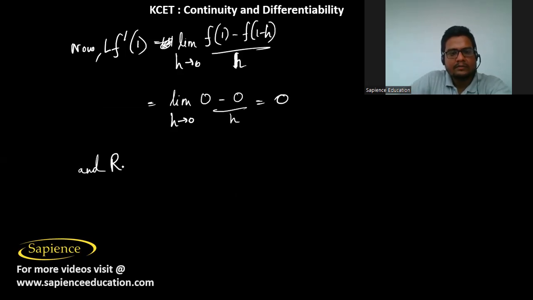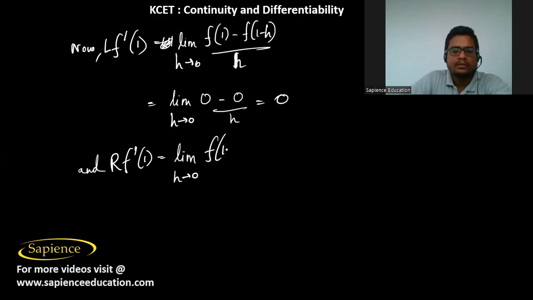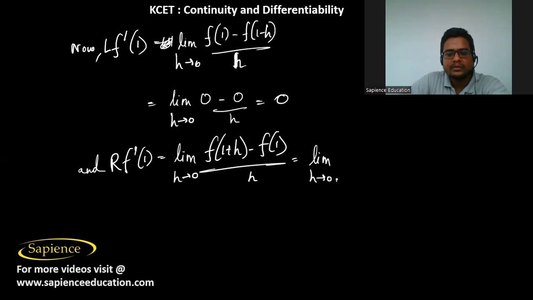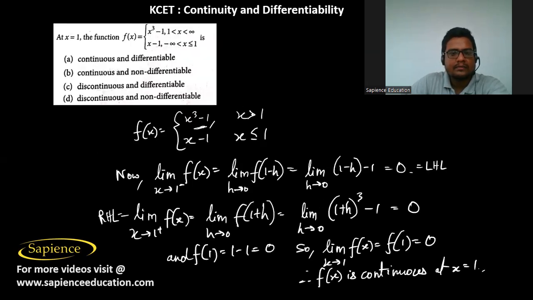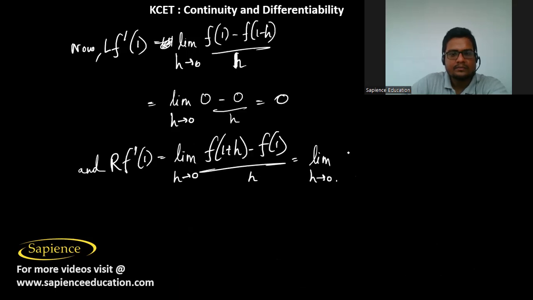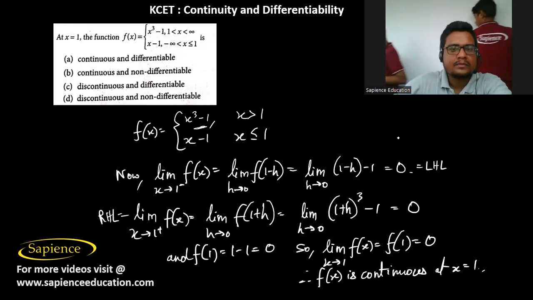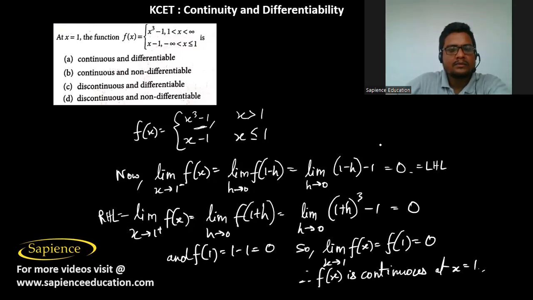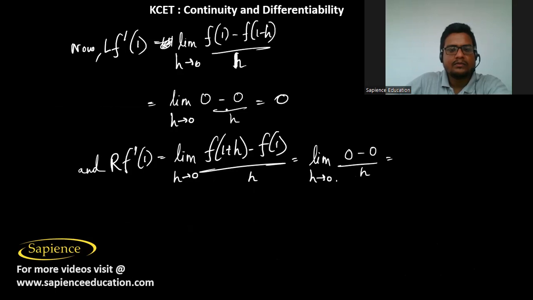And similarly Rf dash 1, which is the right hand derivative of the function at x equal to 1, which is limit h tends to 0 of f of 1 plus h minus f of 1 by h. So f of 1 is 0.